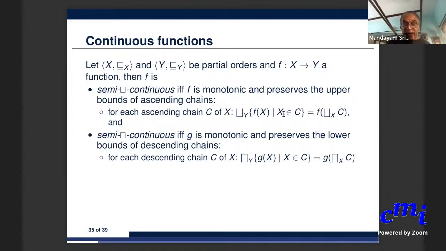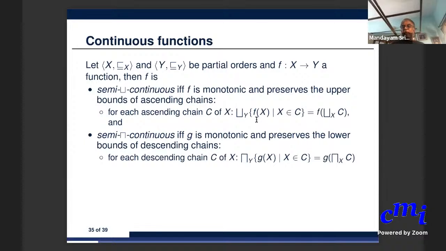So for every ascending chain in a lattice, suppose we have two lattices X and Y, and F is a function that maps X to Y. A function F that maps lattice partial orders from one partially ordered set to the other is said to be continuous if it preserves the upper bounds of all ascending chains.